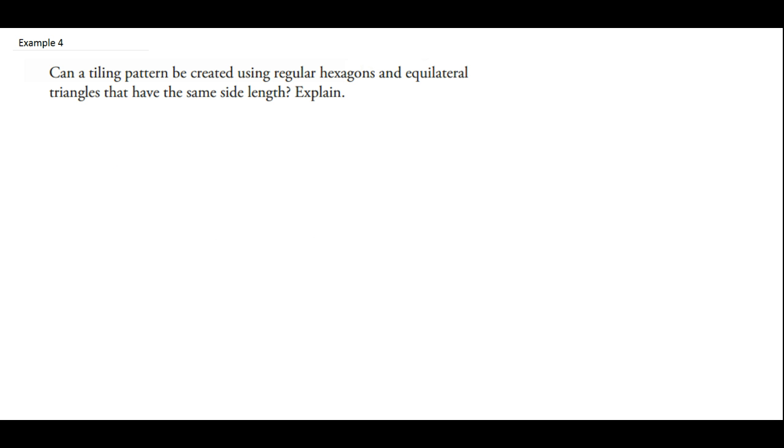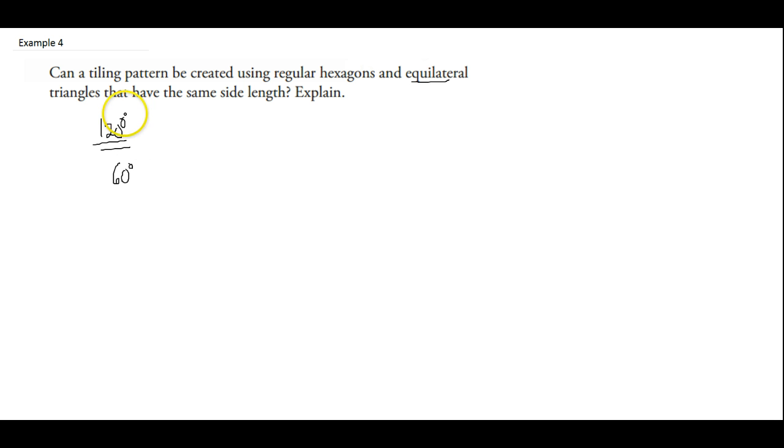We know that we have 120 degrees, or some combination of 120 degrees, and we also have equilateral triangles. Each of the angles have to be exactly the same, so 180 divided by 3, and that gives us 60 degrees.